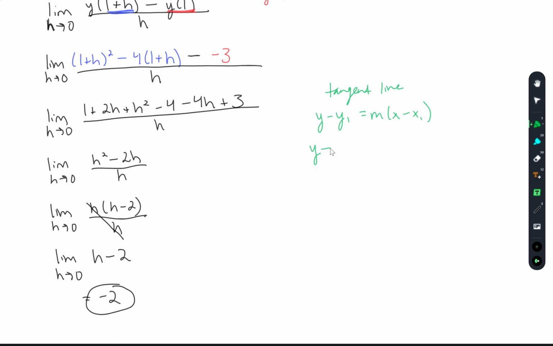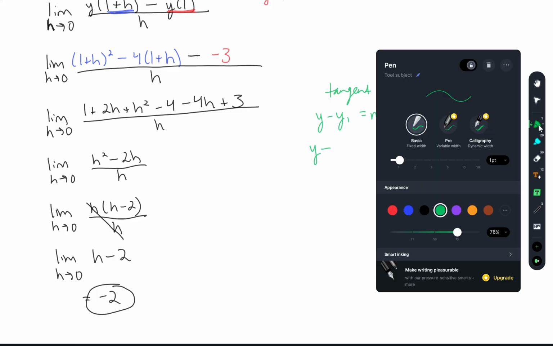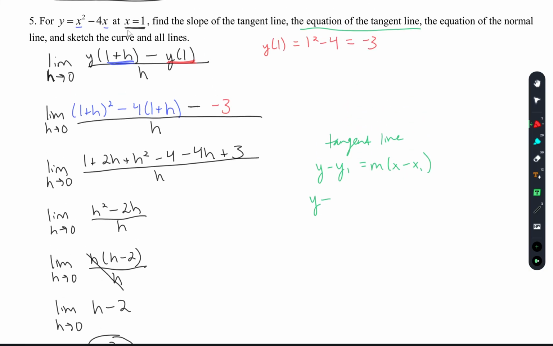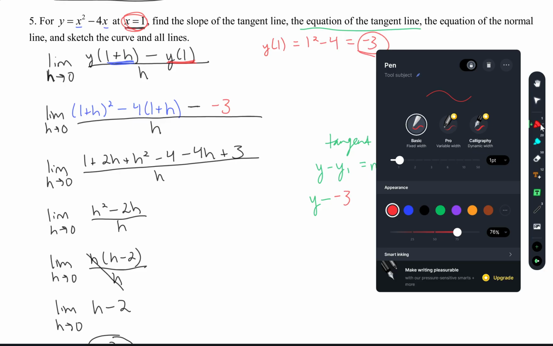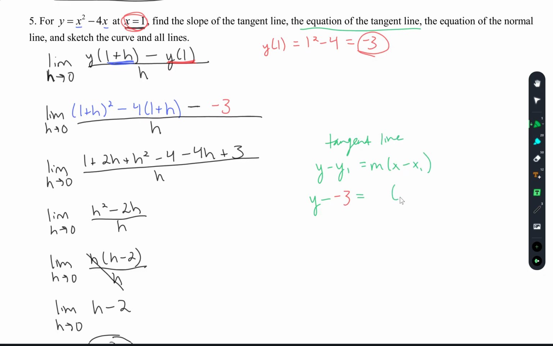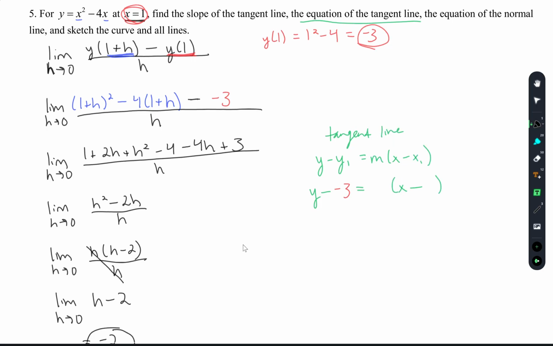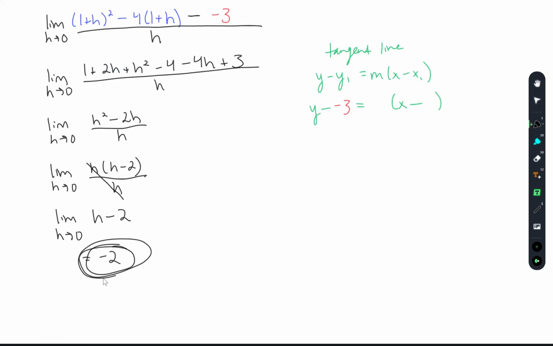You're going to go y minus, and you plug in where you wanted the tangent to be, at x equals 1. So you're going to use that 1 and -3 again. You plug in the -3, and then the m is the slope of the tangent line you just got, that -2.